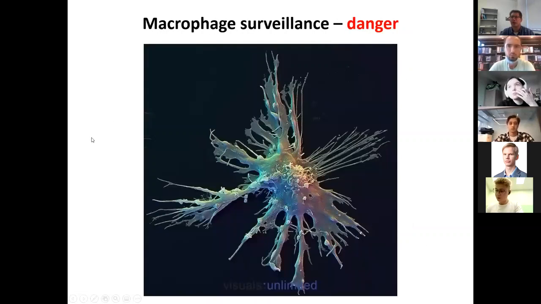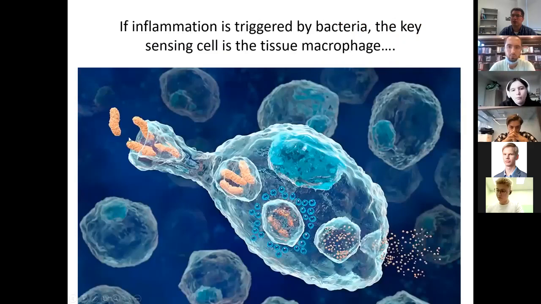But most importantly, when you cut the skin, for example, and some microbes get under your skin, the resident macrophages will sense the microbial presence, sense the danger, and start activating. This activation is one of the most important parts of the macrophage response, and inflammation is triggered.